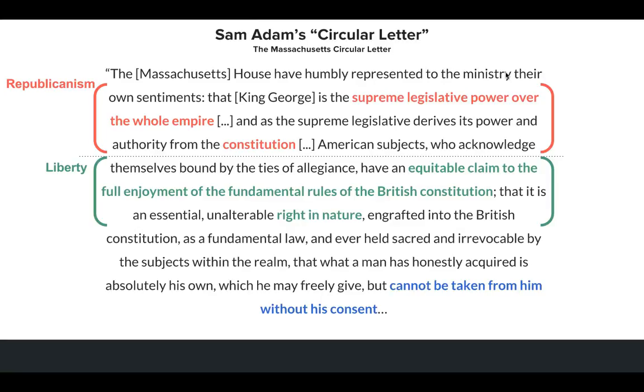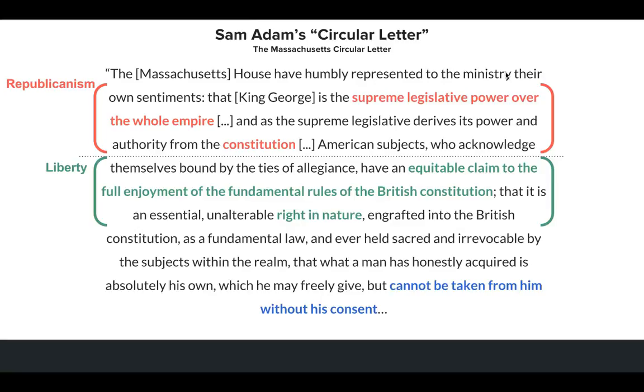And because we're British subjects, we also should receive the same British rights as other Britons who live in Britain itself, right? So he's trying to communicate this fact that we understand that King George is in power, but he's only in power because of the Constitution.